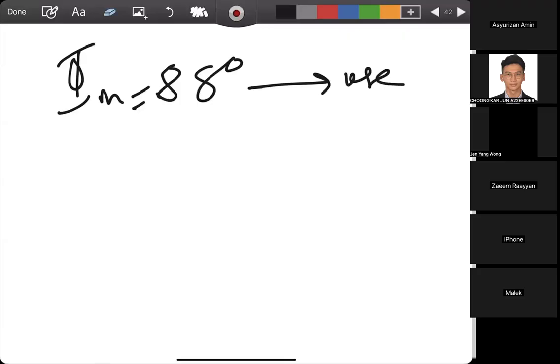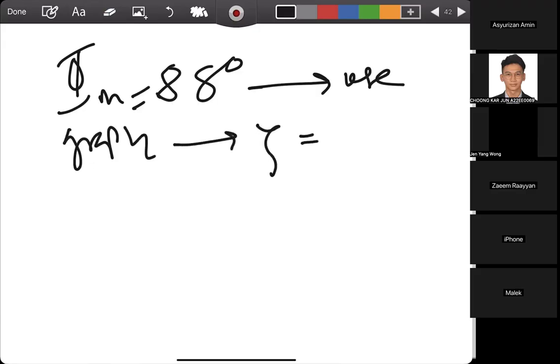Use graph. Can you use the graph? Zeta equal to? This graph, am I right?